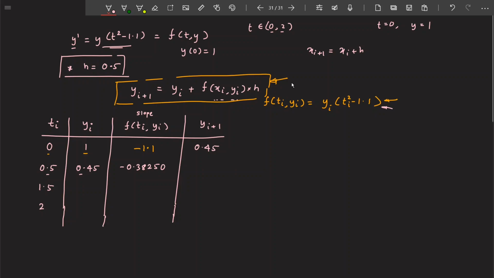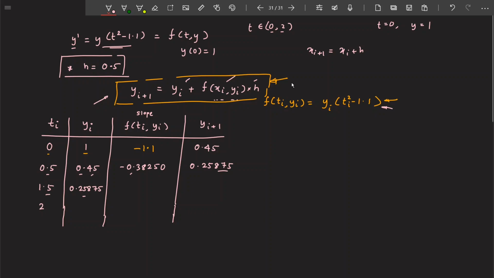Again you know yi, you know this, you know this, you know this. Substitute these values in this equation, and get the value. You'll find out the value that you're getting is 25875. Again this value will come here for the next iteration, 25875.